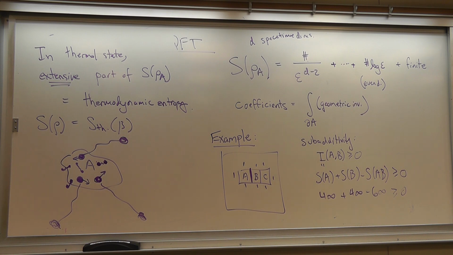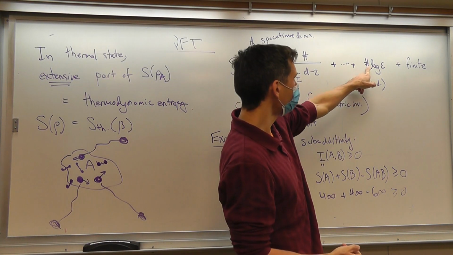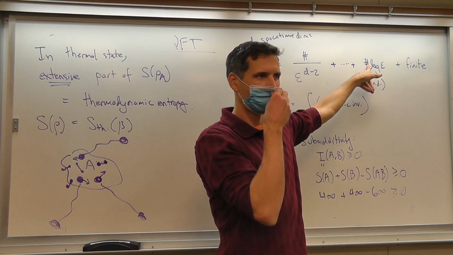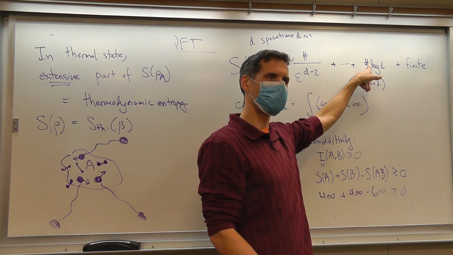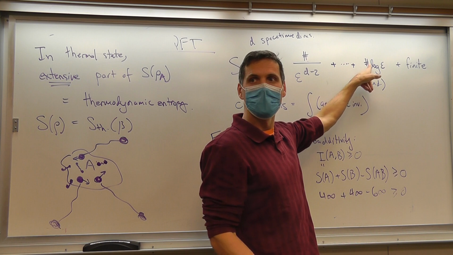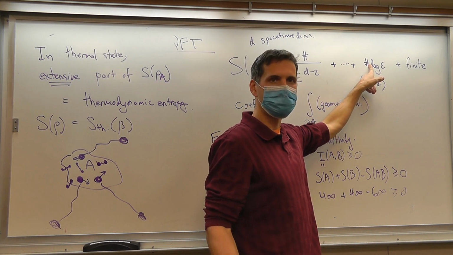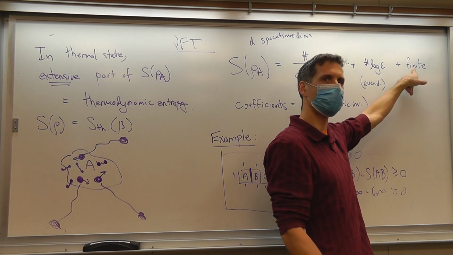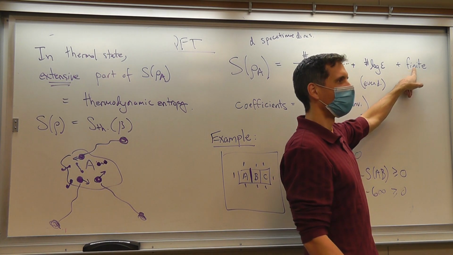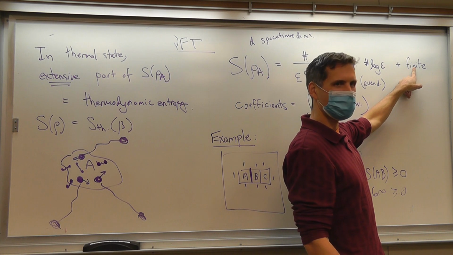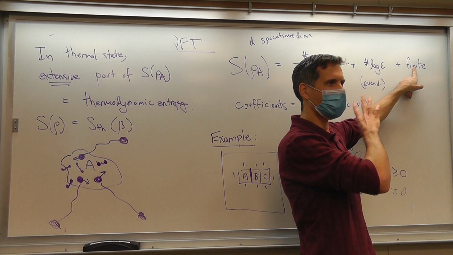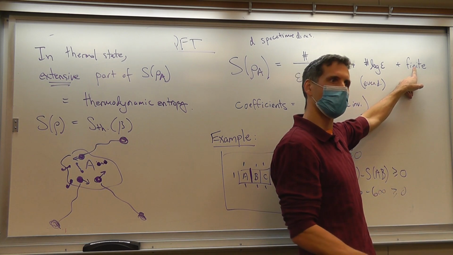There are terms like this. In 4 dimensions, the coefficient of this term is called A, and it's a very important thing. Maybe that's why it's called A. The thing Ikun is talking about is in odd dimensions. There's a finite term, which is called F, and it's also very important and universal. These constants also show up in other places in quantum field theory.